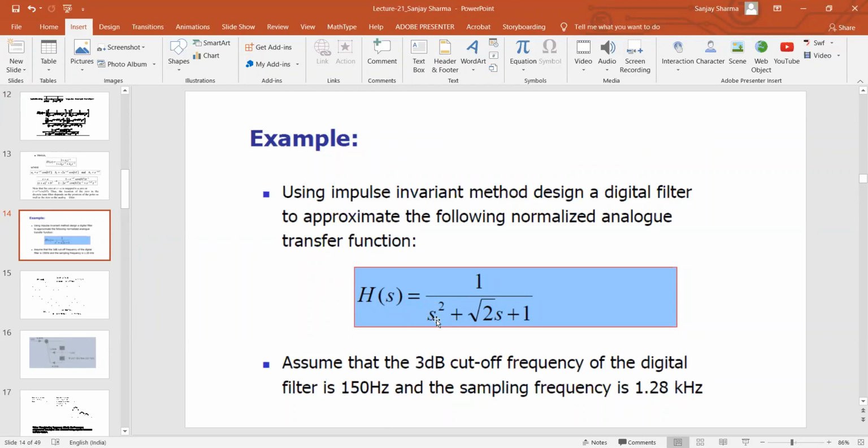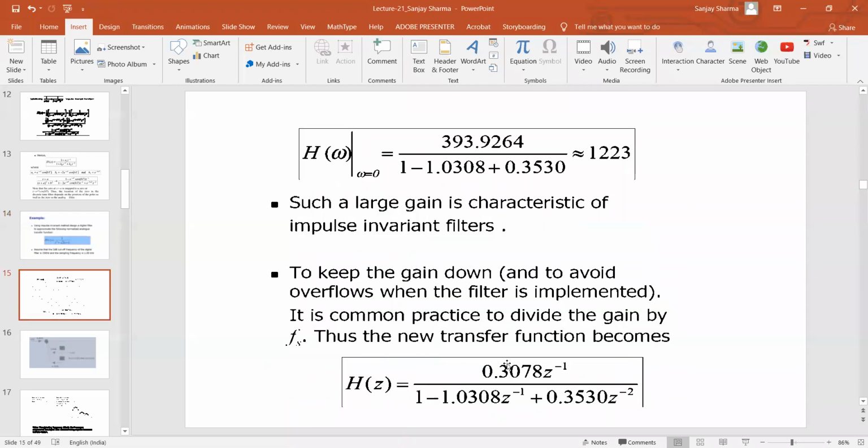So you replace every s with s by omega c. Whatever transfer function you get will be the denormalized transfer function. Once you get the denormalized transfer function, you can use the impulse invariant method to get H(z). So this is the H(z) you will get.